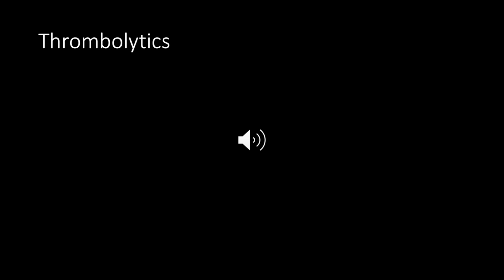Thrombolytics, it's all in the name. Examples are tPA and Reteplase. The mechanism of action is that it's going to dissolve existing clots. So this is used with ischemic strokes, not hemorrhagic strokes, and that is going to be a key indicator of whether you're going to give it or not. If it's a stroke, you're going to want to give this medication within 3 to 4.5 hours.